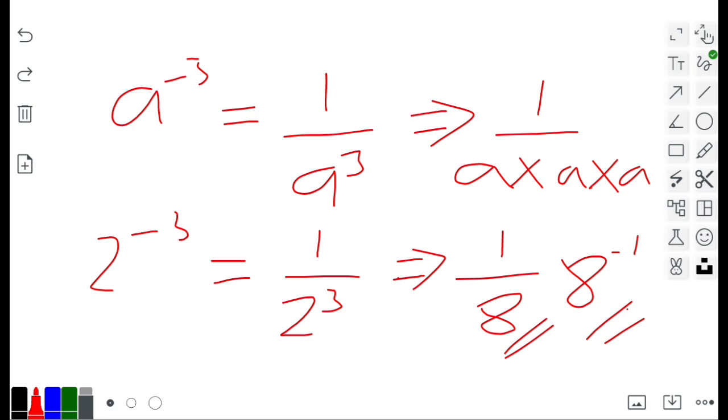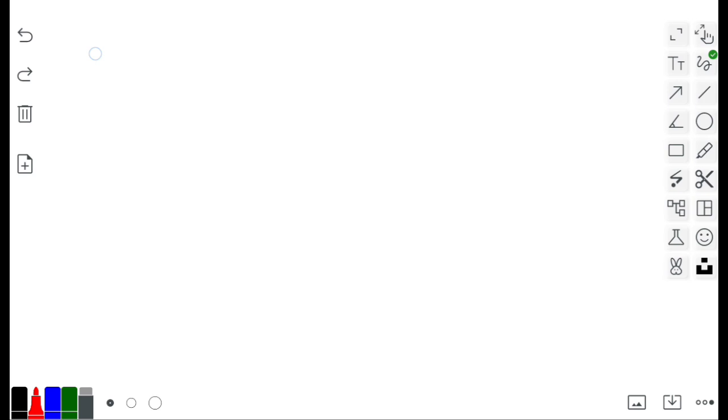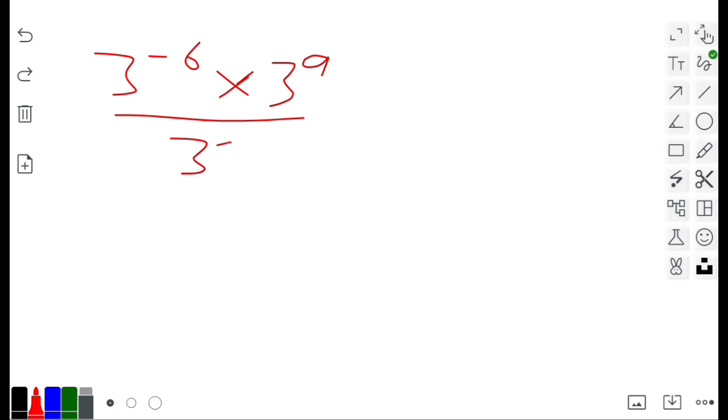Let's take another example. If I have 3 raised to the power of minus 6 times 3 raised to the power of 9 divided by 3 raised to the power of minus 5. This expression now has a combination of multiplication, division, and negative index rule of indices. So let's solve this question together. Having this question, we need to take it one after the other.